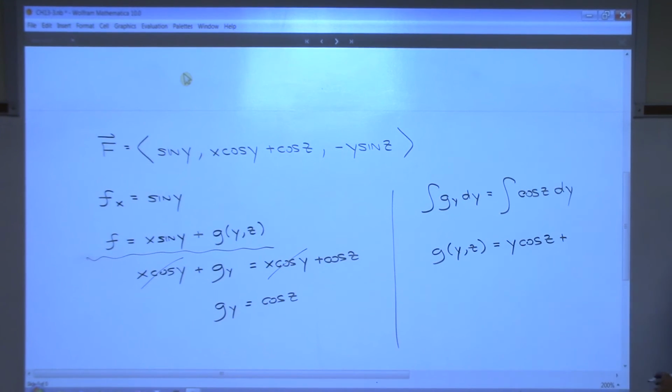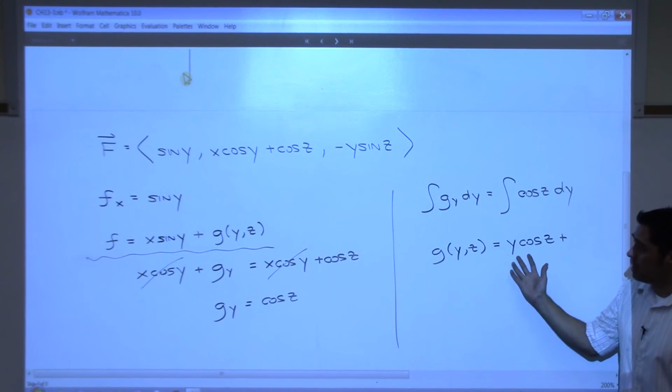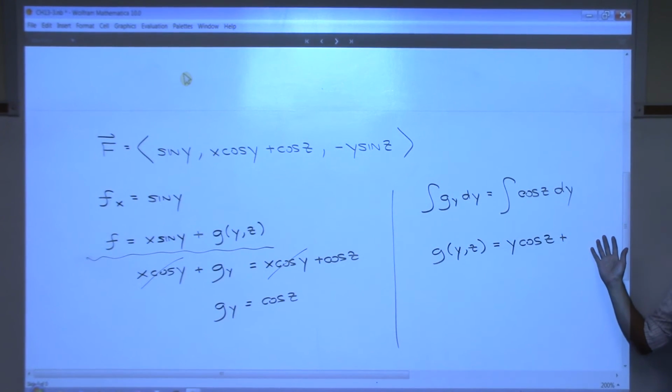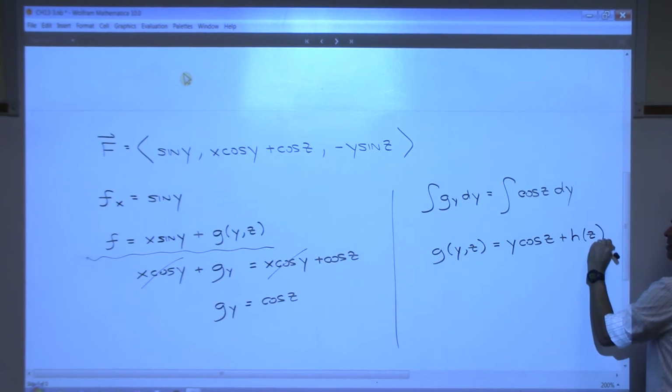Plus, it could possibly, because yes, we have to keep this all in mind. When we take the derivative of this with respect to y, we get back this, right? So if there was some stuff out here that had z's in it, those would all go to 0. So I'm going to put plus h of z.